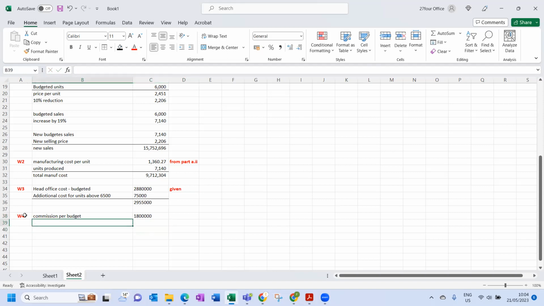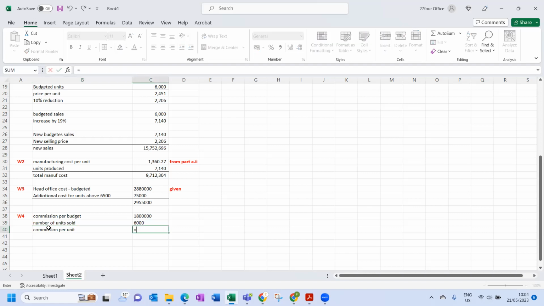Then the number of units sold, 6,000. Therefore, commission per unit is equal to that divided by 6,000, so 300.